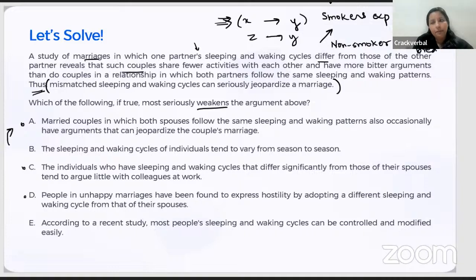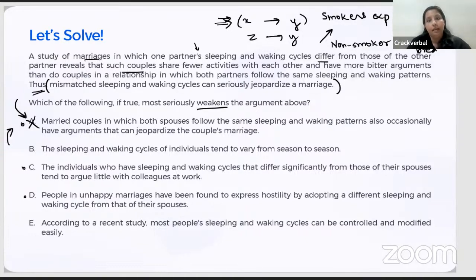What do you guys think? Doesn't make sense. Non-smokers might experience breathlessness. Maybe they have some congestion issue or a cough or whatever. So this is a very typical pattern where the test setter will bring you the exact opposite scenario and tell you, hey, this weakens your argument. But this is doing nothing to my relationship.